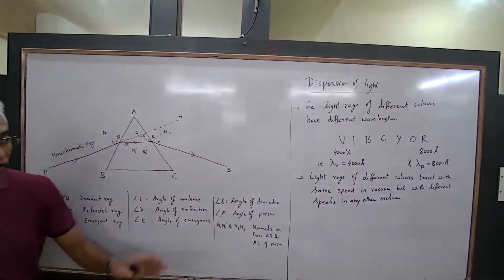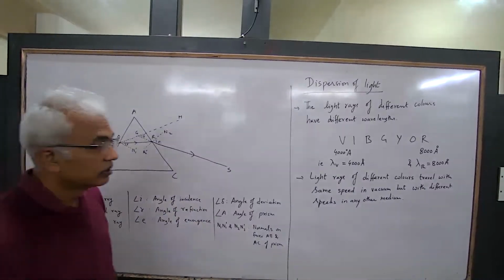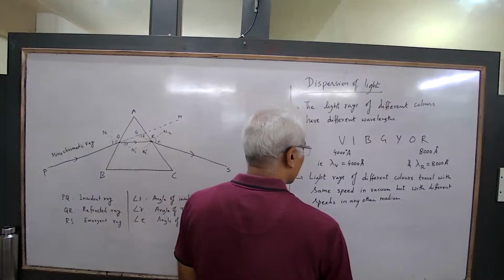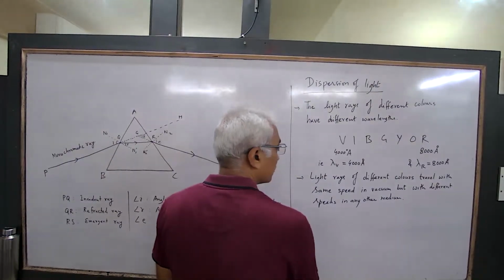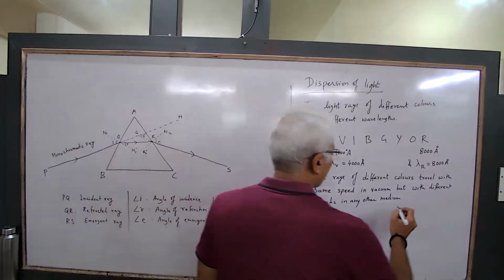Okay, so apart from vacuum, if the light ray travels in any other medium, their speed slows down.